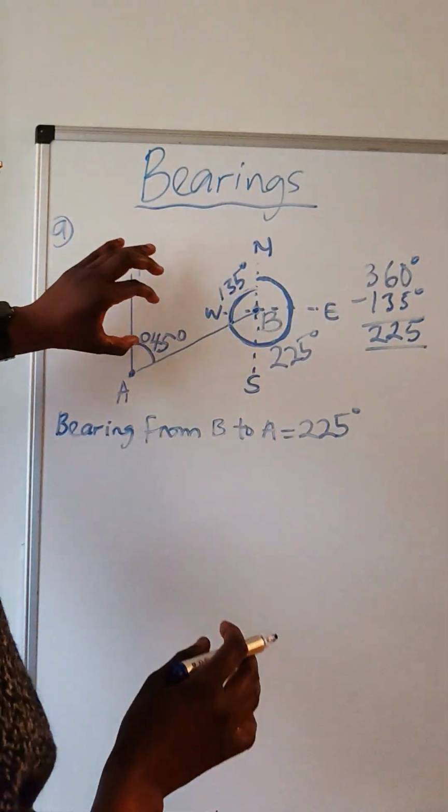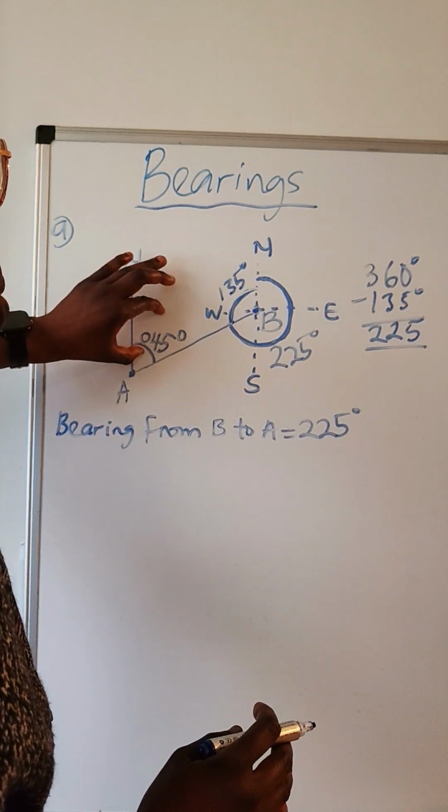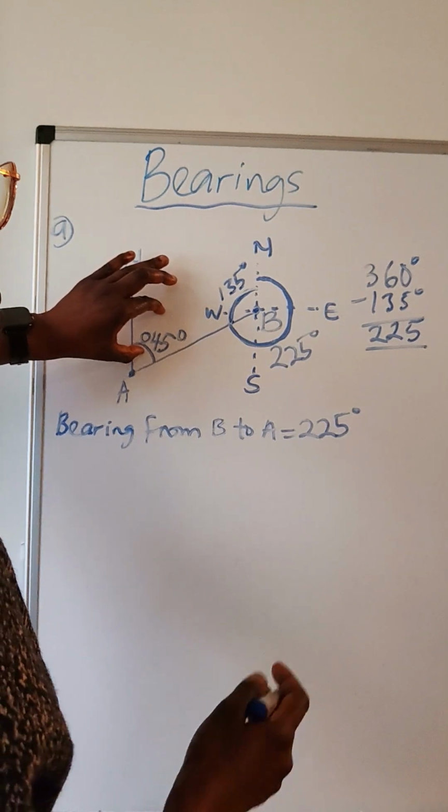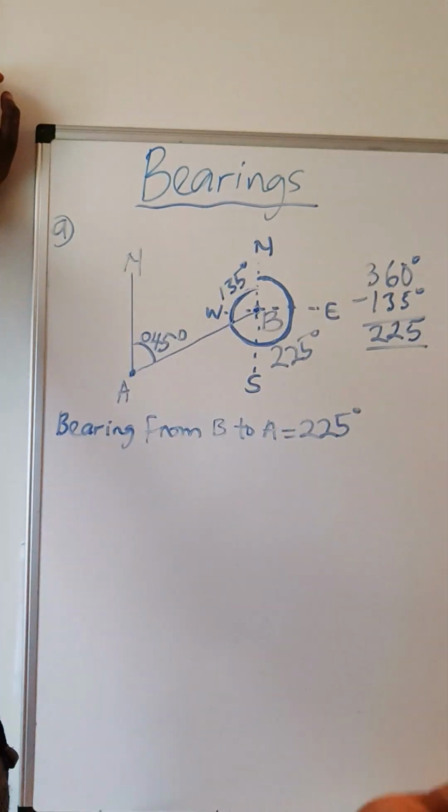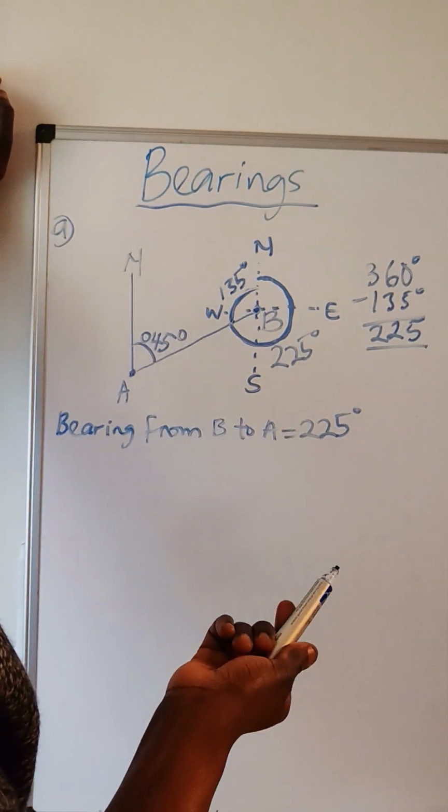In that case, since 45 is not up to 180 degrees, we add 180 to 45 degrees and get 225 degrees.